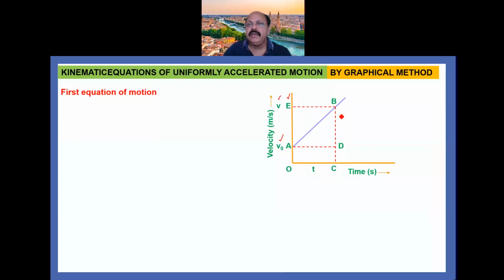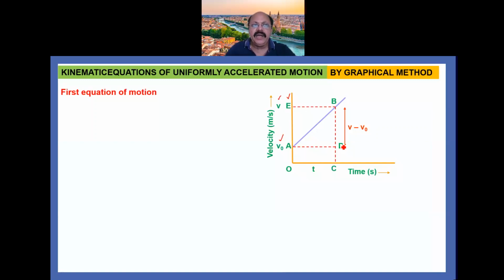Then BD equal to V minus V naught. Since the object is moving with uniform acceleration along a straight line, we are getting a straight line in the graph, which is represented by the blue color.